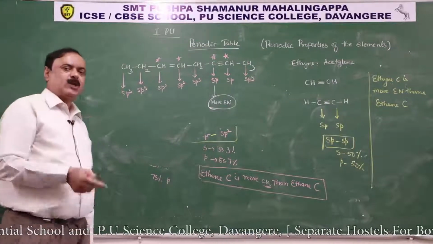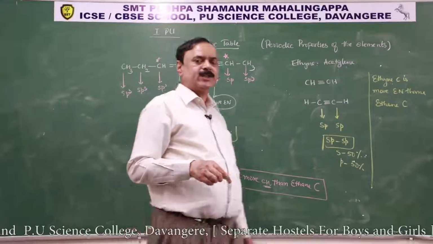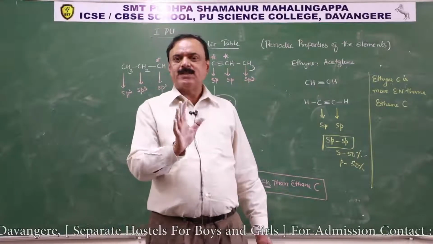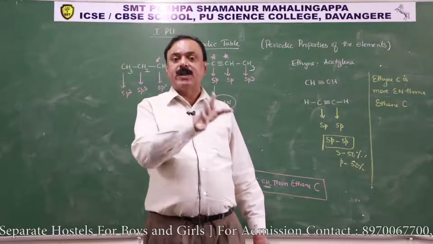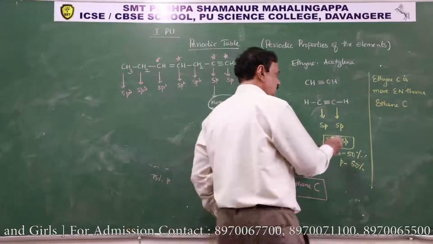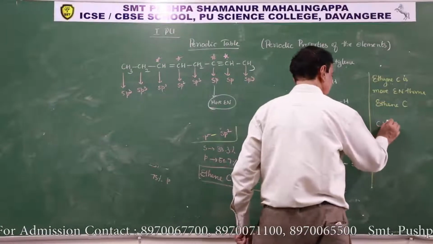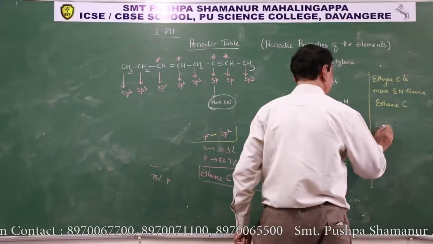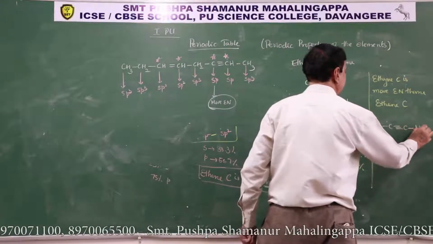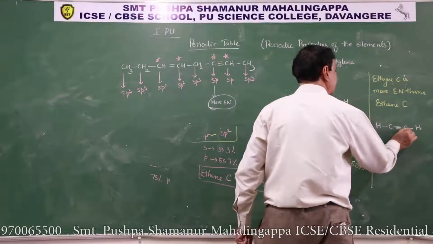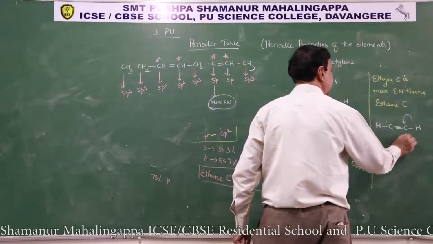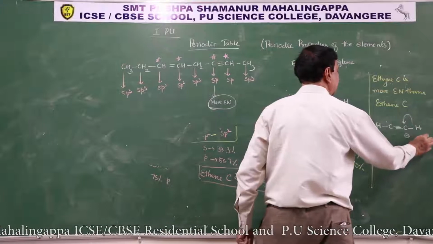Therefore the triple bond carbon atom is more electronegative, in the sense it has the ability to withdraw the shared electrons towards it. For example, CH triple bond CH, single bond C, triple bond C, single bond H. This carbon atom has the ability to withdraw the electrons, therefore it acquires negative charge and hydrogen acquires positive charge.